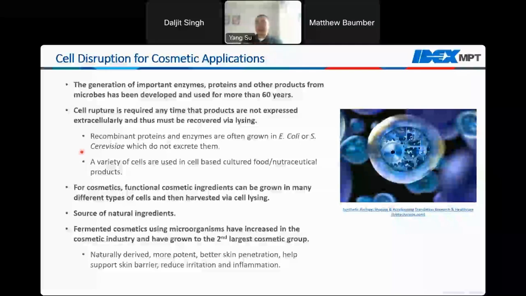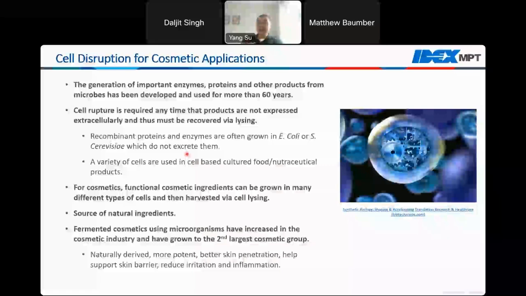The reason that you would need cell rupture is that, depending on the type of the cell and the product you want to harvest from the cells, they are not always expressed extracellularly, meaning that the cell will not excrete the product from within the cell.